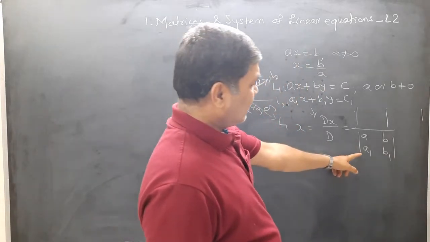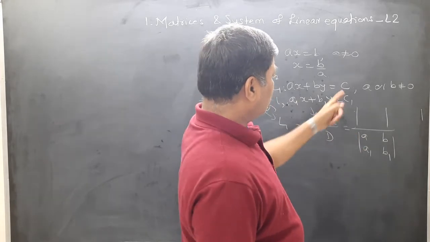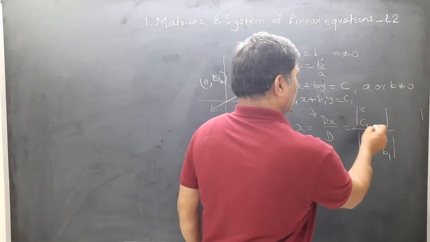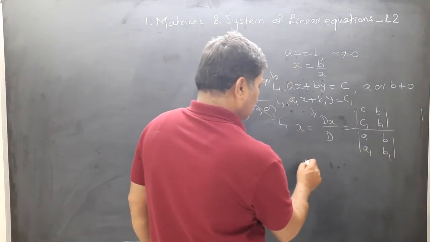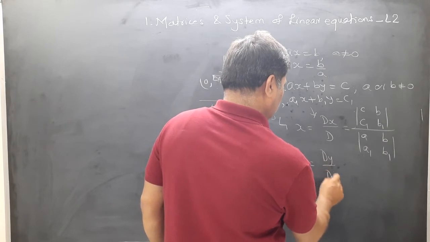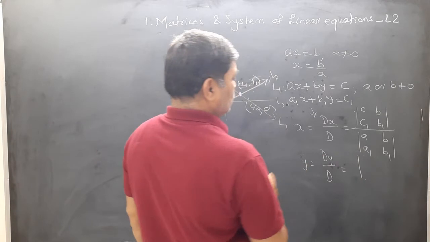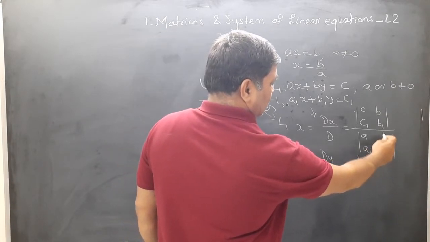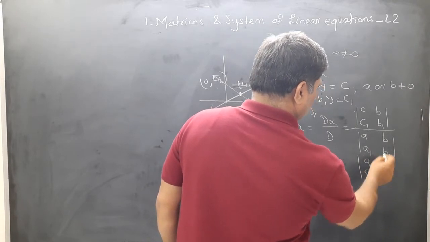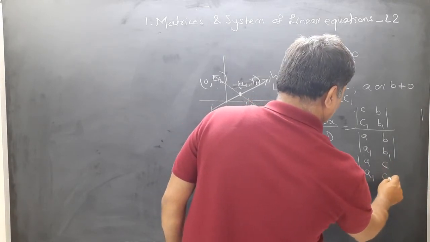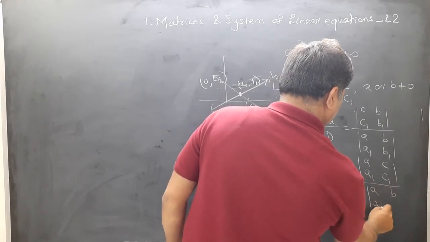In this d, if you replace the column of x by the constants c, c1, you get dx. Y is equal to dy by d. How to find dy? This is the column of y coefficients, and we replace that column by the constants c, c1 in the determinant d.